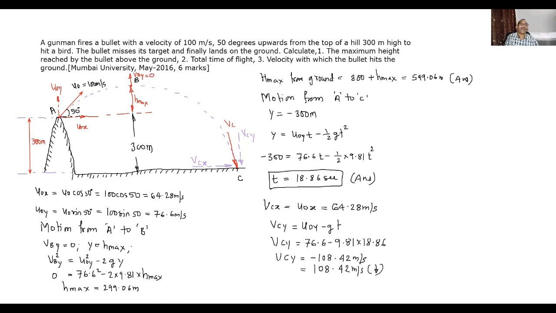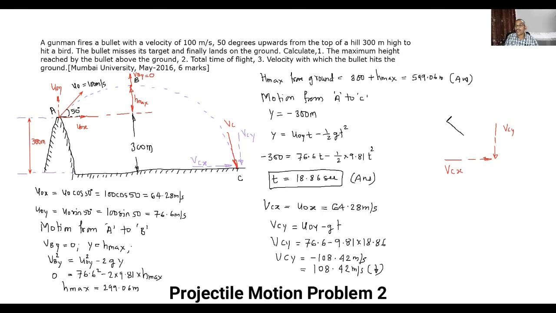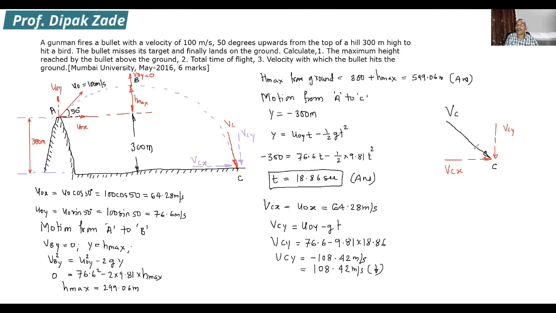Now for the final velocity, you know two components. The first component is Vcy. The horizontal component is Vcx, rightward, and Vcy downward. That means the resultant velocity will be in this quadrant, and we will get the direction automatically. This one is point C. The velocity we will get is Vc. The angle I'll write here is theta c.